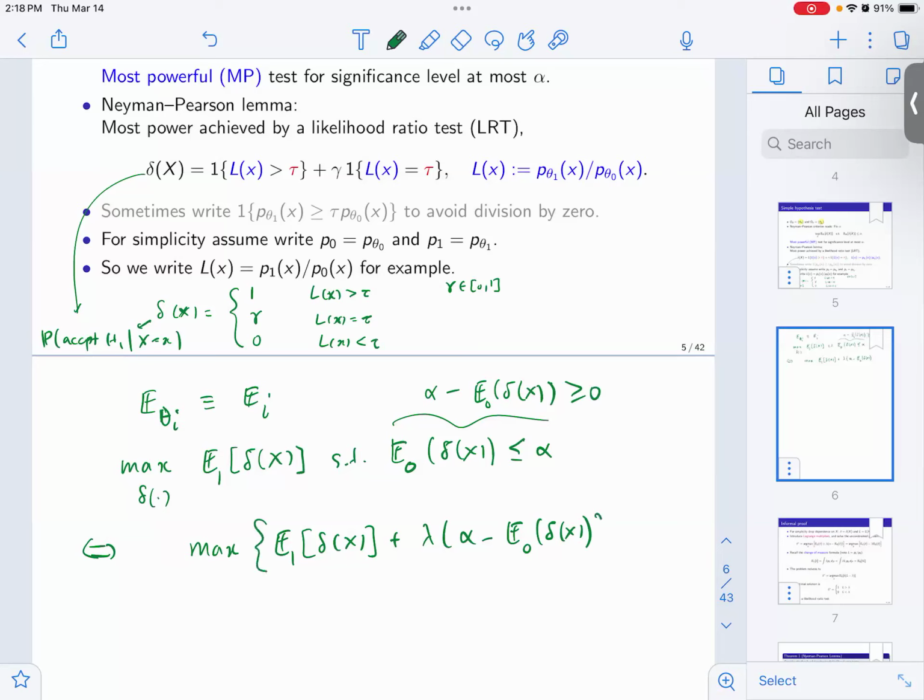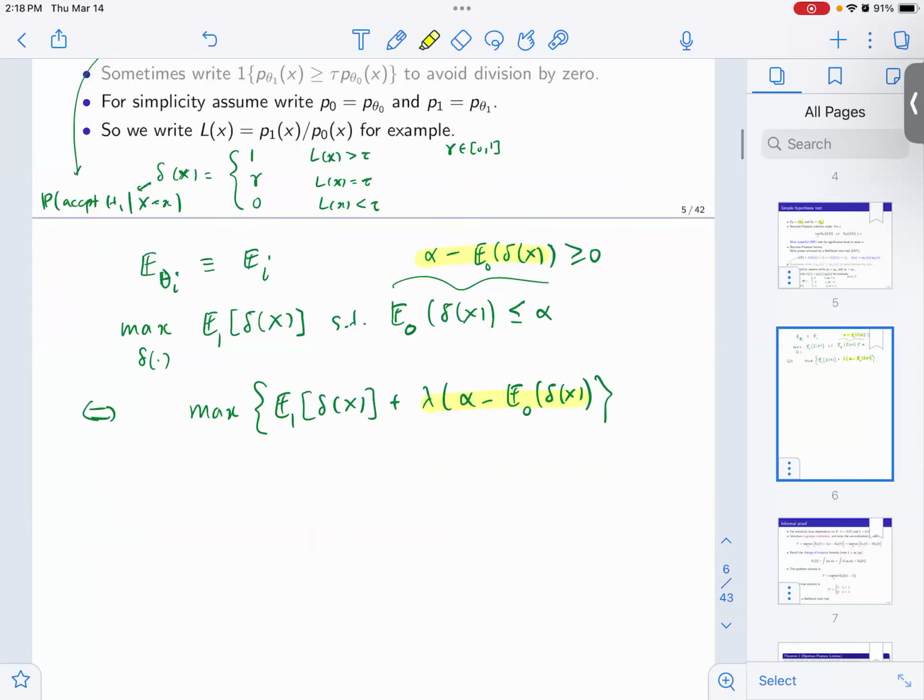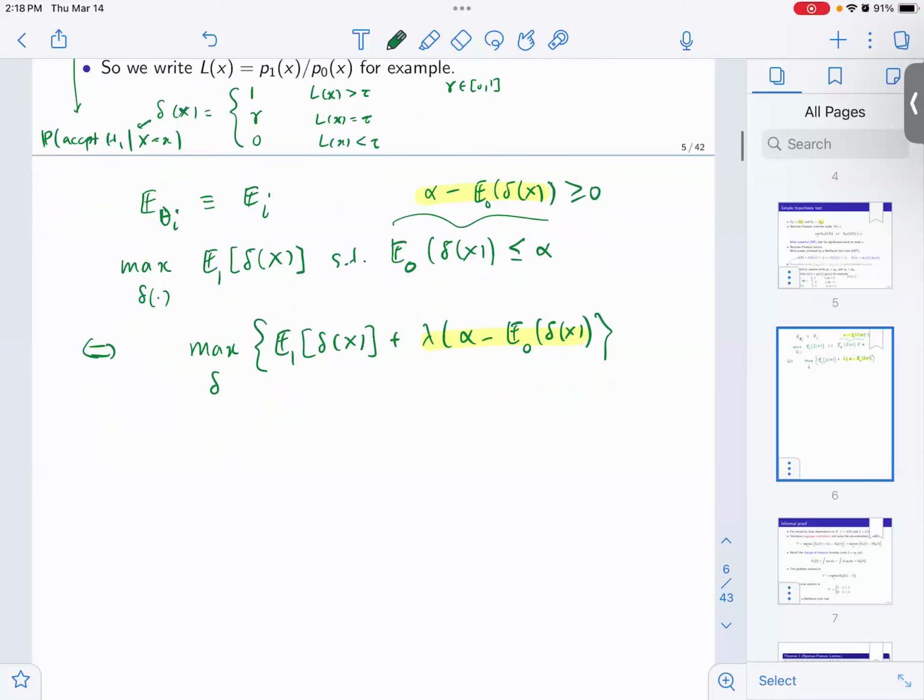This is a constraint, and I dualize it in a sense. The Lagrange multiplier theory tells you that for a given alpha, there's going to be some lambda such that the solution of this is the same as the solution of that.